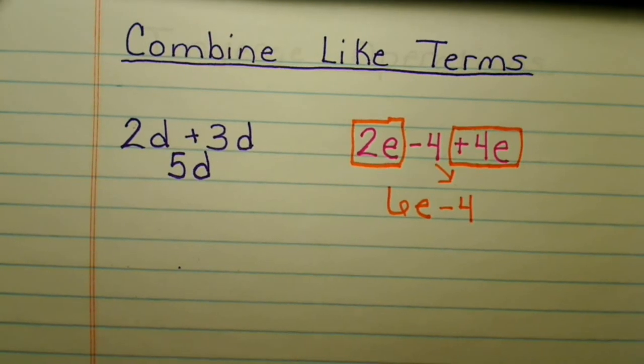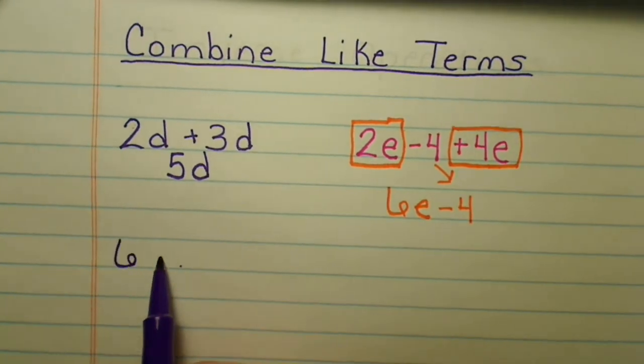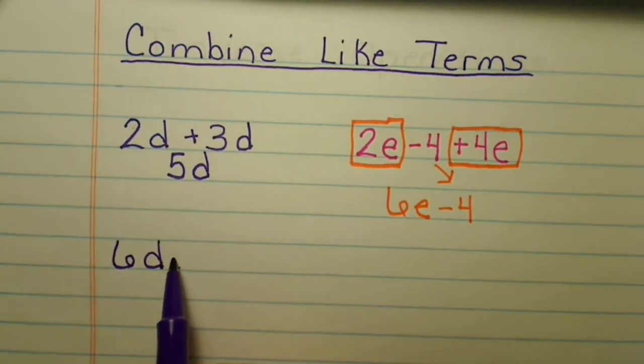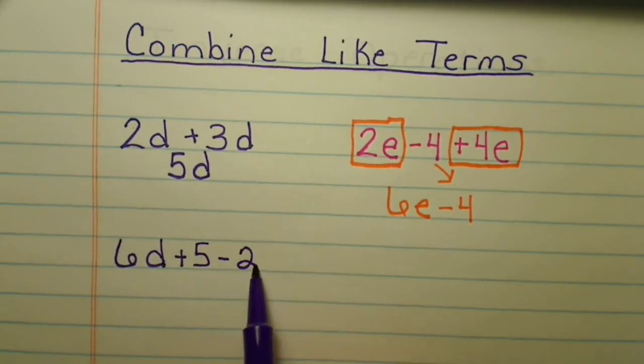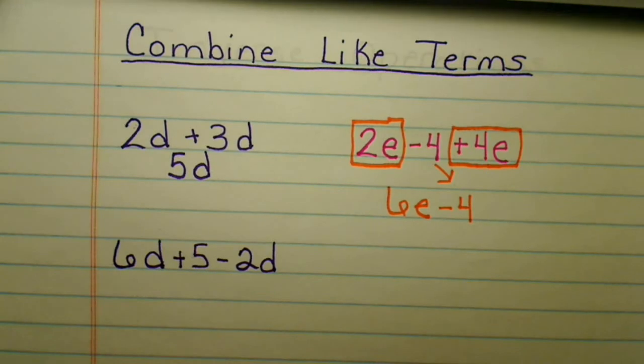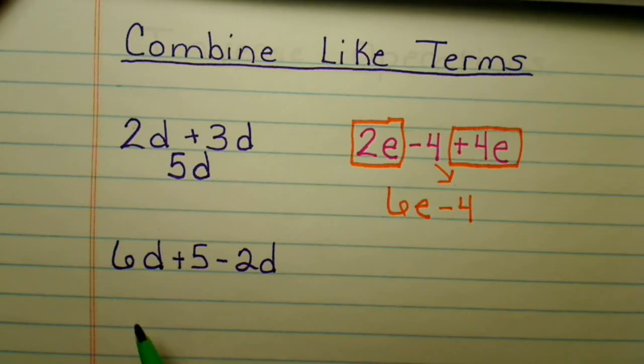Here's another example, kind of like that one, with 6D plus 5 minus 2D. Now, when you're trying to identify which terms are alike, terms are divided by adding and subtraction signs.